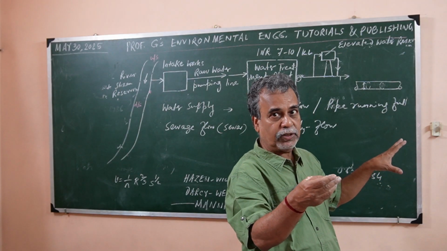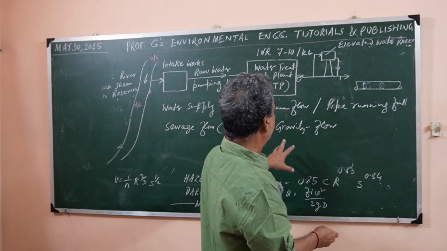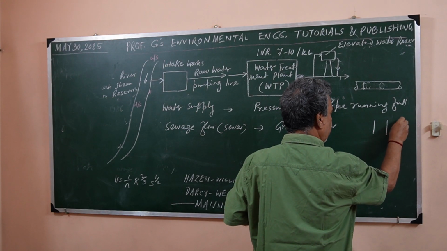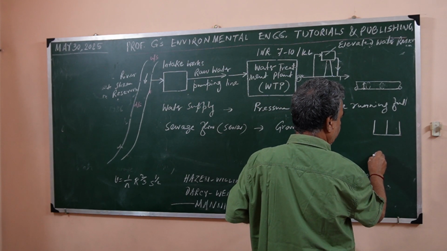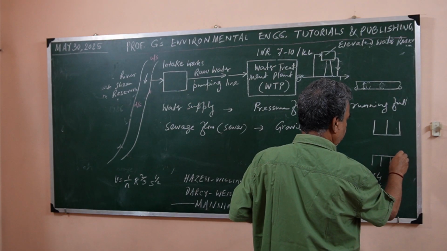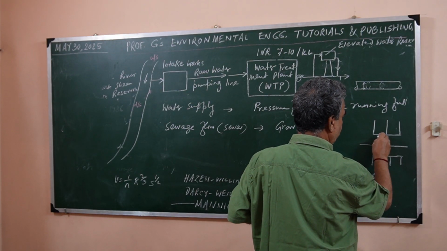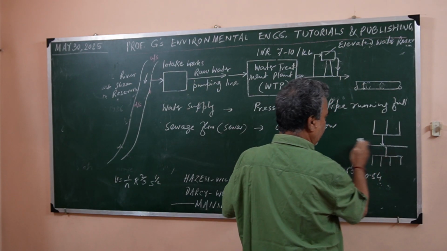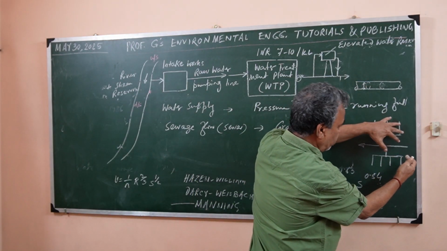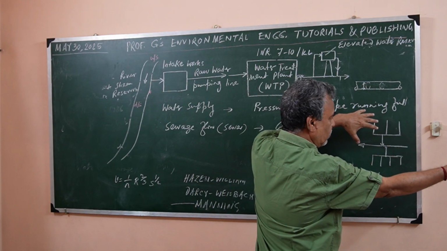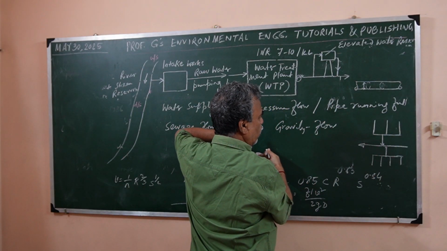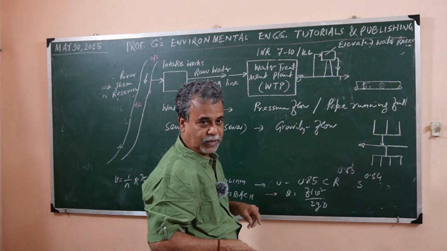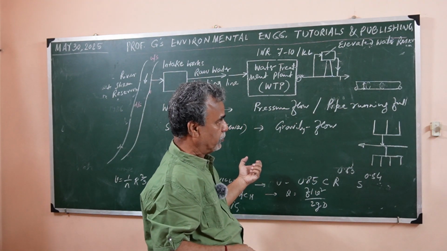So here it is collecting and going like that, and from another area like that. It keeps collecting from the farthest end, and as it goes to the treatment plant, the wastewater flow is increasing.